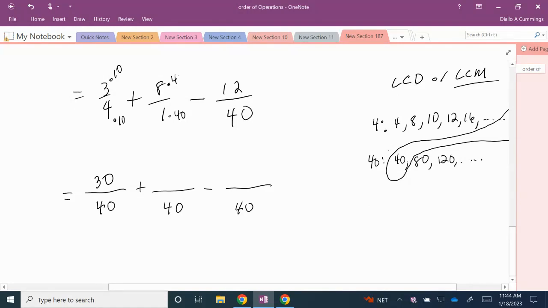I must also multiply the numerator times 40. 8 times 40 is 320. And lastly, my denominator for 12 over 40 is already 40. So we multiply the denominator by 1 and the top by 1, and that fraction stays the same.